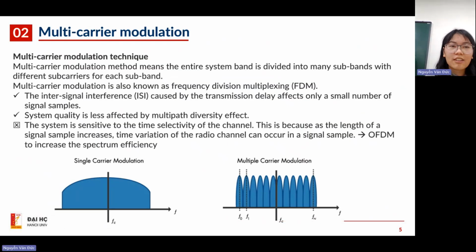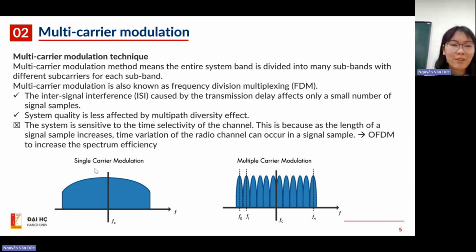So firstly, let's go through the multi-carrier modulation. The multi-carrier modulation technique means the entire system band is divided into many subbands with different subcarriers for each subband.